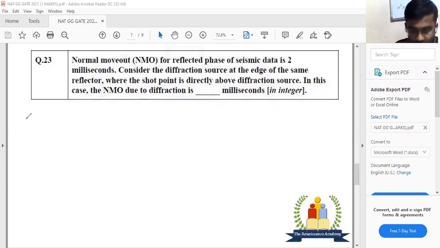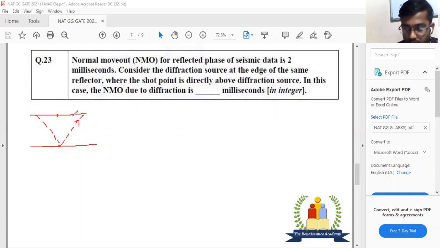Okay, so first we need to draw a small diagram so that we can get an idea what they are trying to say. Here they are saying shot point is directly above the diffraction source. Let's say this is your shot point and this is your diffraction source. Normally, let's say this is your incident ray and this is your reflected ray, like this.